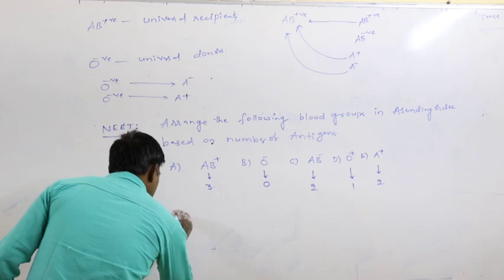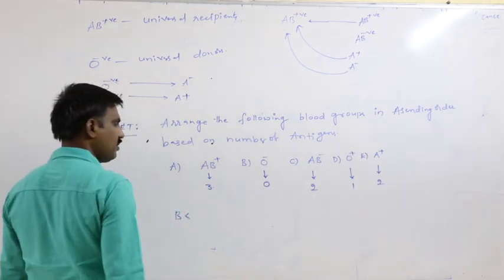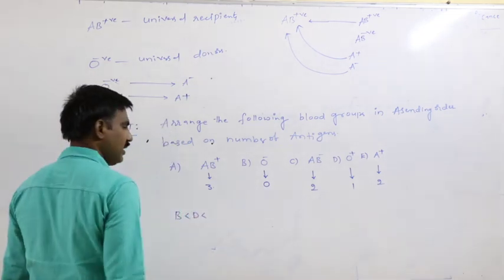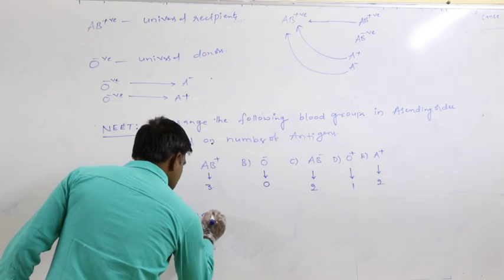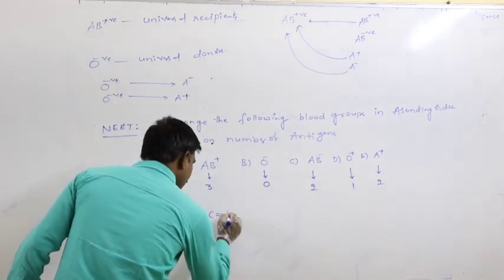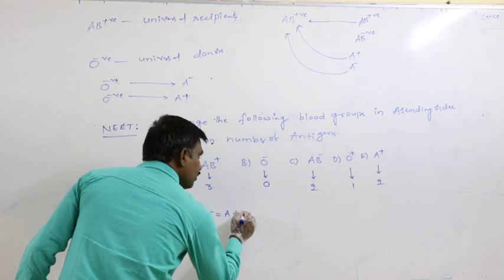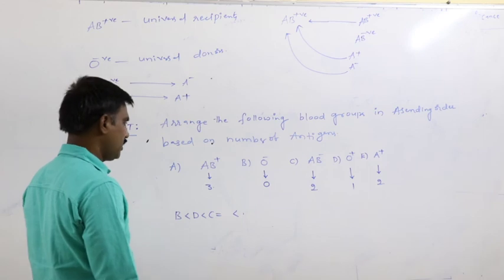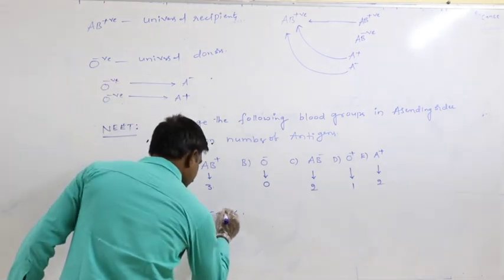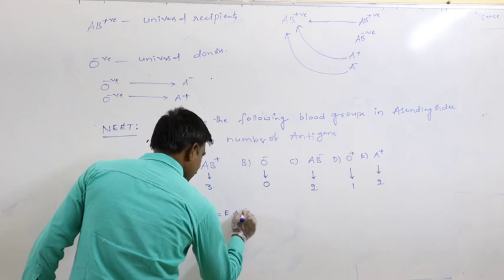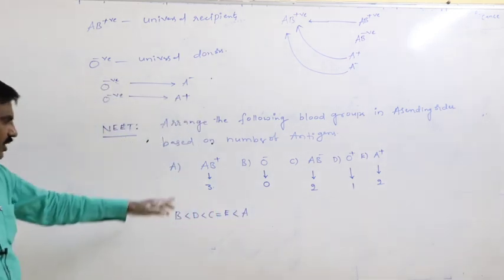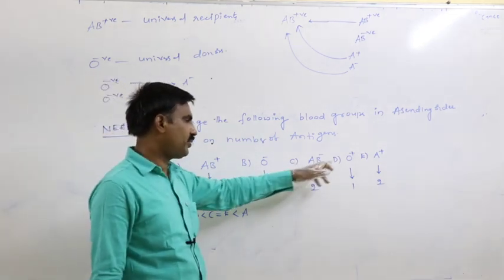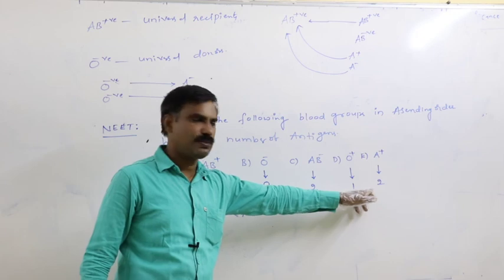So definitely B is less than D is less than C equal to E is less than A. So definitely the highest number is AB positive, next AB negative and A positive, in both of them 2 antigens are present.